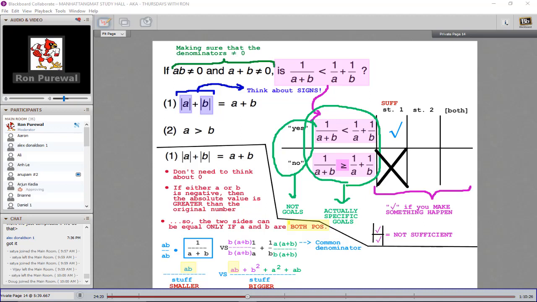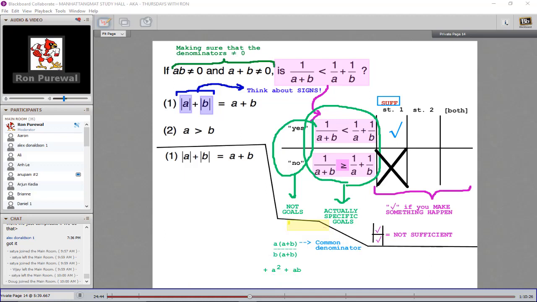Let's talk about statement 2. Also, don't forget, when you figure something out about a statement, and then when you investigate the other statement, you should always think about whether you can take any of the insights from the first statement and use them to make the other statement more efficient. I'm going to go ahead and erase the work for statement 1.